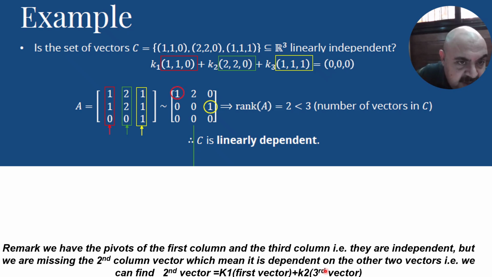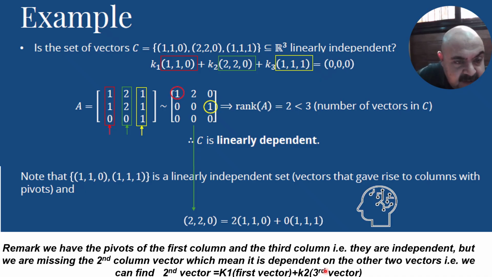That's we can find the second vector as a combination from K1 times the first plus K2 times the third. And it's really very simple. If you look closely, you will find the second vector is actually the first multiplied by 2 and 0 times the third vector. And that's the combination that we spoke about.